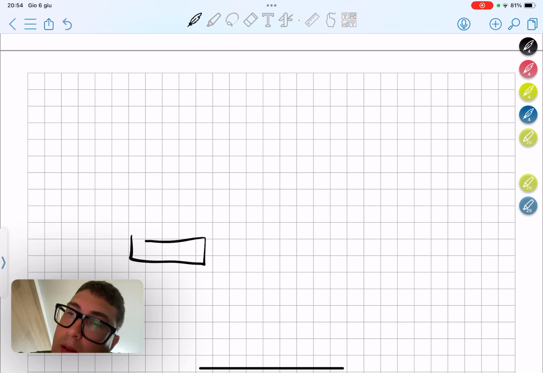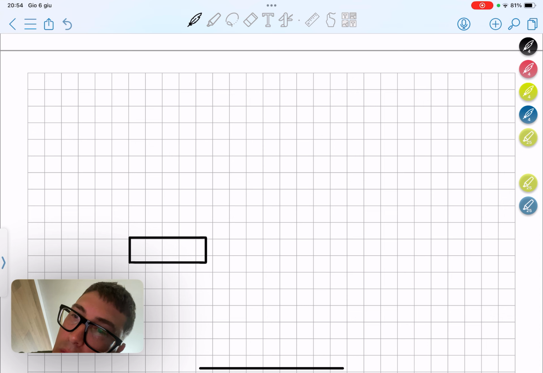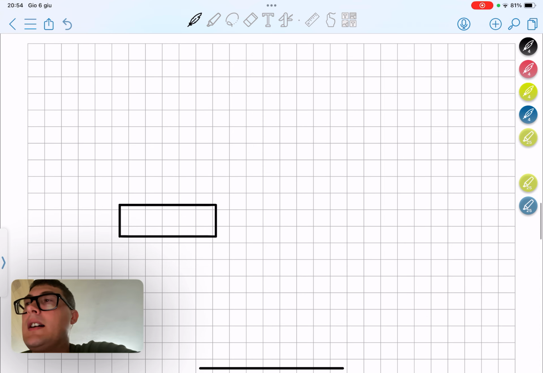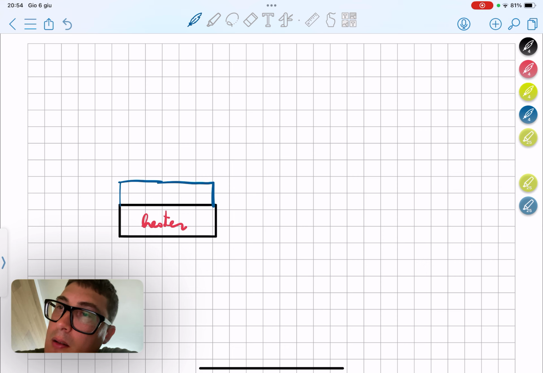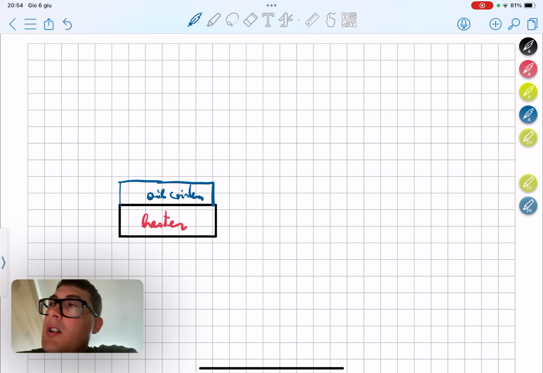There is, let me sketch it in this way for you. There is, let's call it a heater. On top of this heater there is a container which has some oil, and the oil goes inside a pipe.